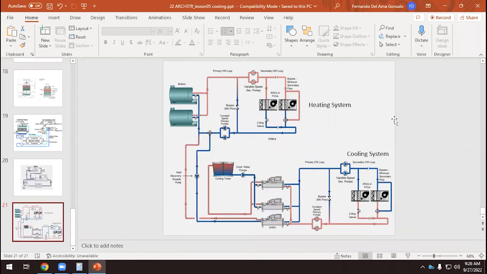That makes sense. The cooling tower is only connected to the chillers. And why is this air handling unit connected to this boiler and this one connected to the chillers? I would connect both systems to the same air handling unit. That is what I would do. But this guy or this company has decided to do something different.